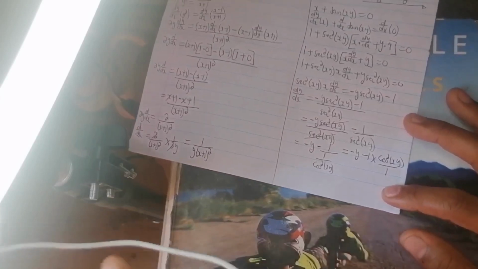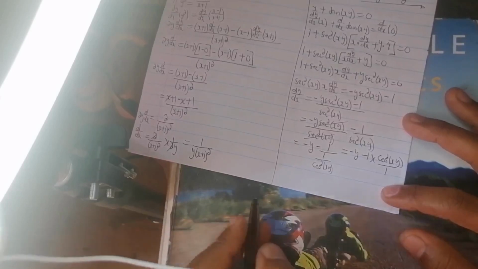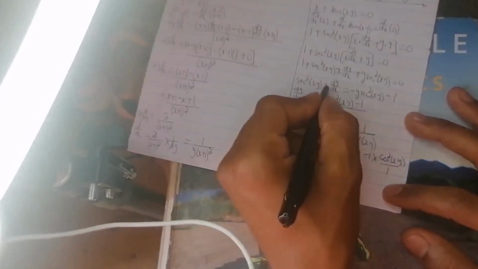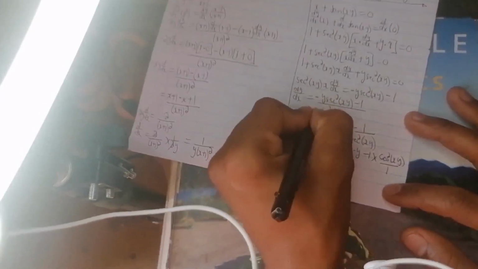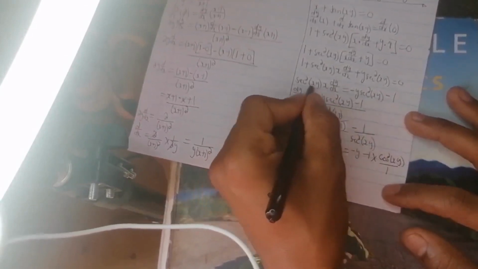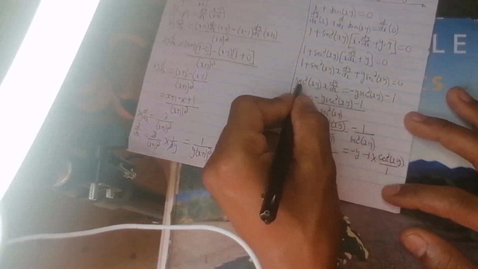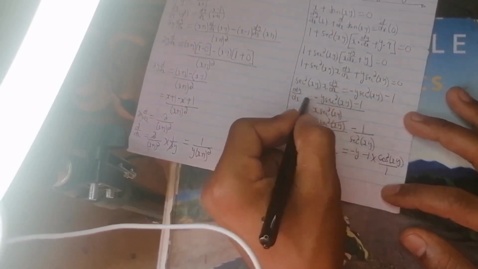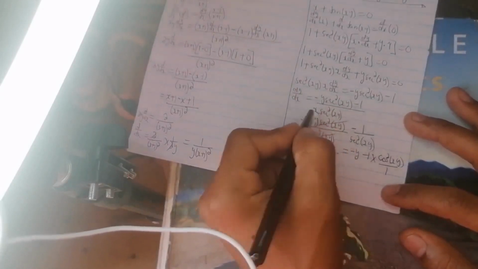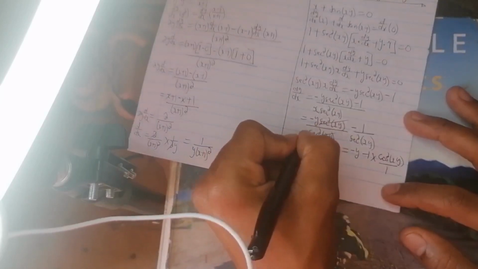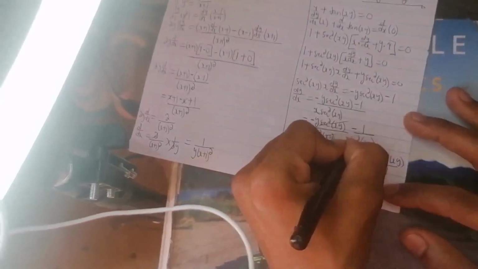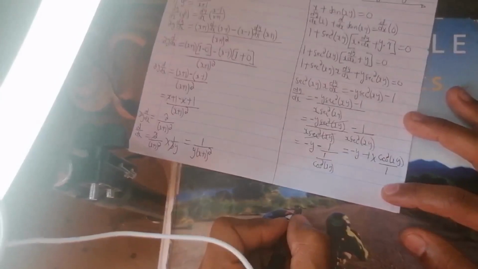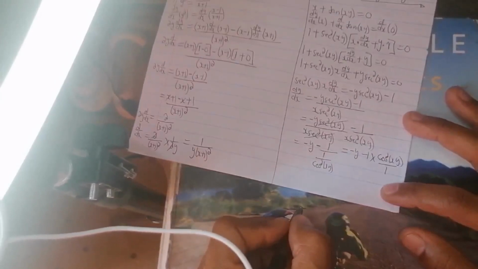Guys, I've made a mistake. Look what is happening here. There's an x here. I'm very sorry, I forgot that x. There's an x here, and an x there.